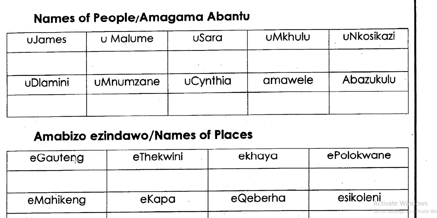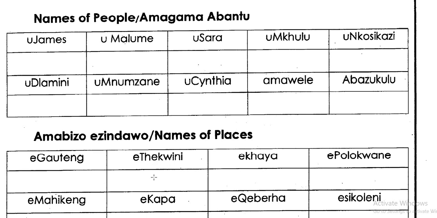Then when you go to names of places, whether you read a story or a paragraph or a sentence, if there is a place, you must look at the first letter. It must be a small baby A, and the next letter is capital. Then automatically kids must be able to know that the A in front of the next letter means that these are places. ETekwini, they don't need to know what this eTekwini is, right? If they know, they can write it in English, but that is not necessary.